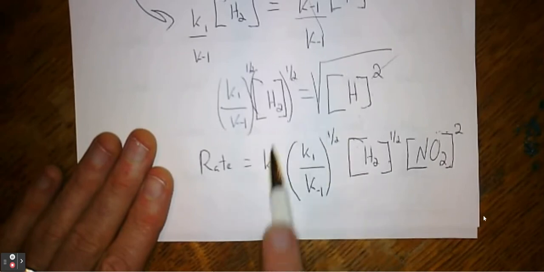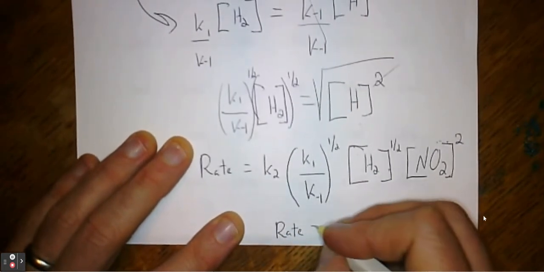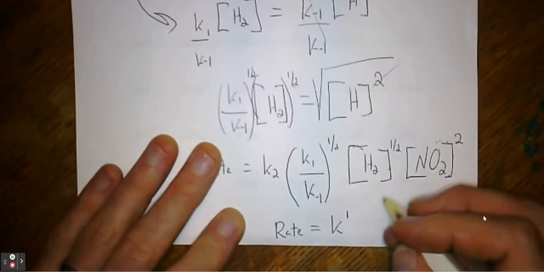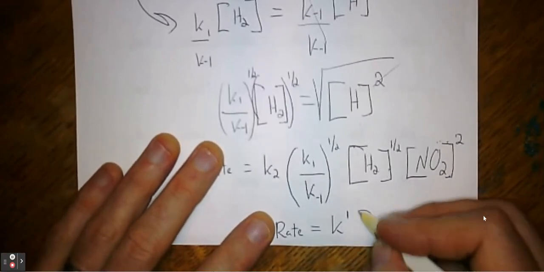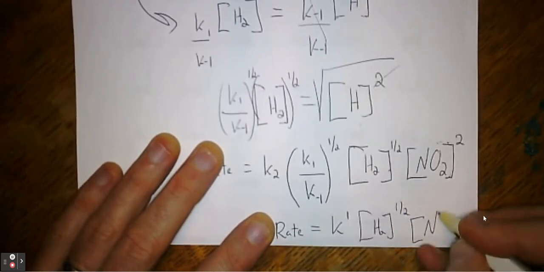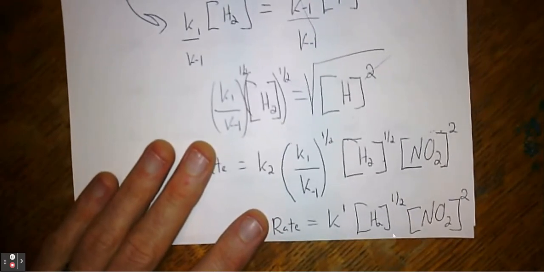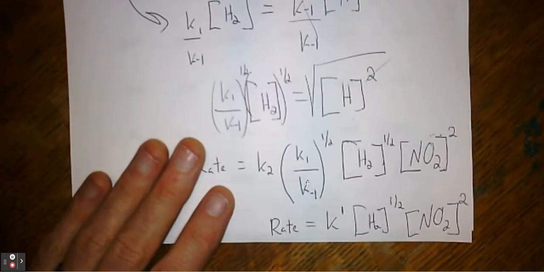All right. Now this whole thing can become K prime, or the observed rate constant, H to the half, and NO2 to the second order. Now the observed rate constant would be this whole thing written out.